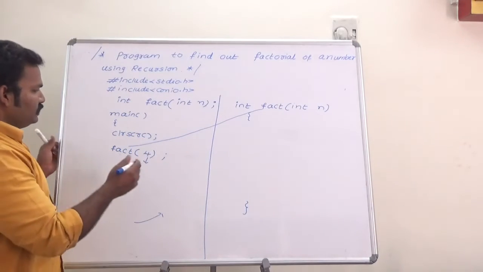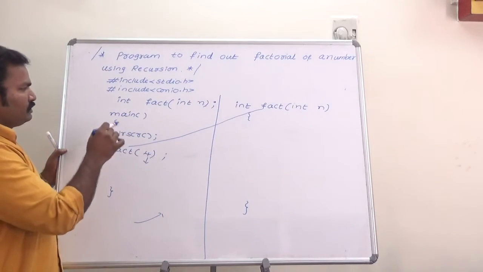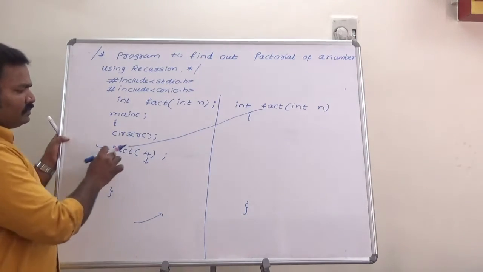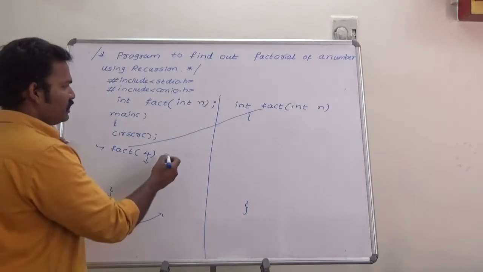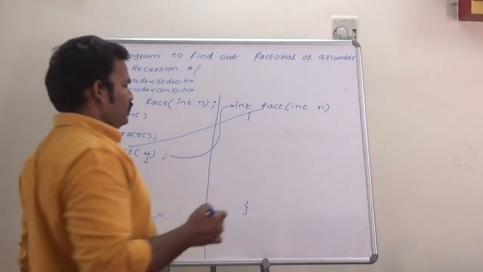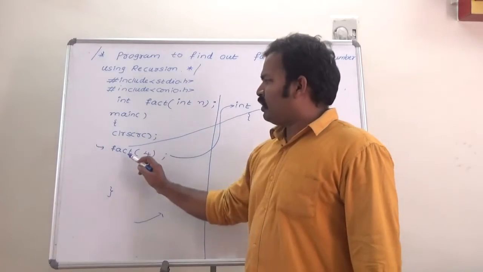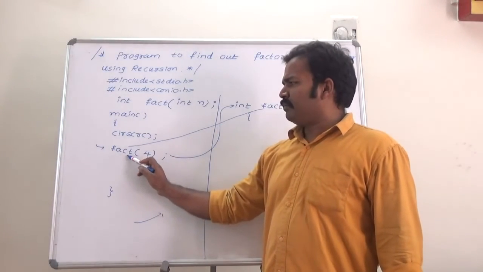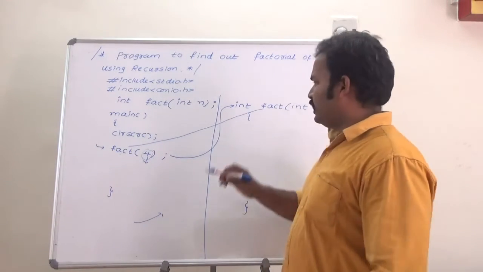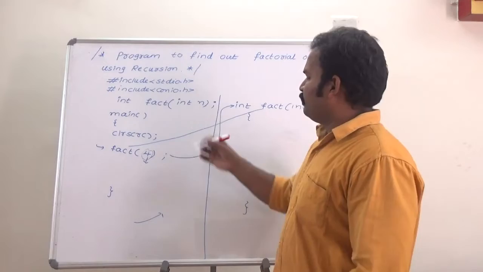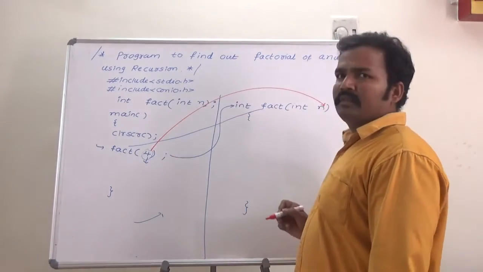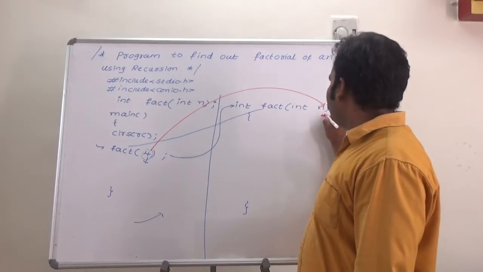Whenever execution control encounters a function call, it is transferred directly to the function definition. Here I am calling fact by passing the argument value 4, which will be received by the n variable, so the n value is 4.